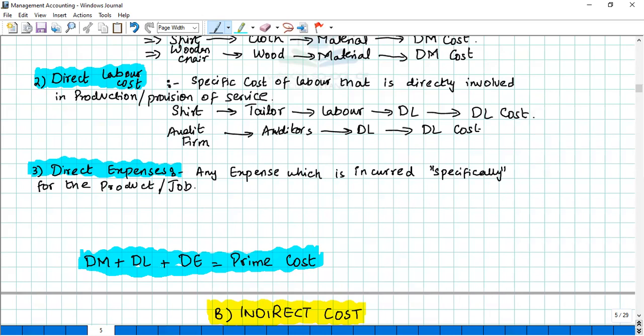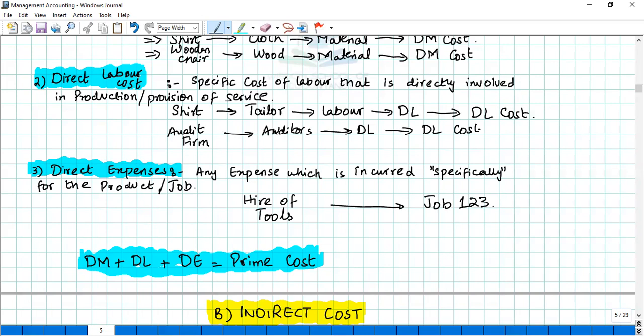For example, you hire tools. You hire some tools to perform a job. Let's say the name of the job is job 123. You are an electrician, and you got a job of doing some electricity work in someone's house. For doing that job, you need some tools.